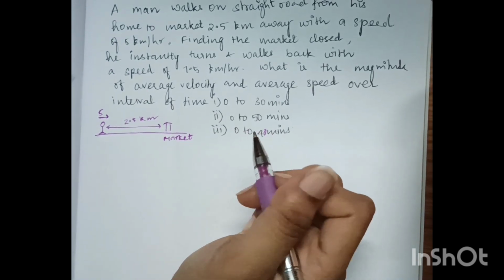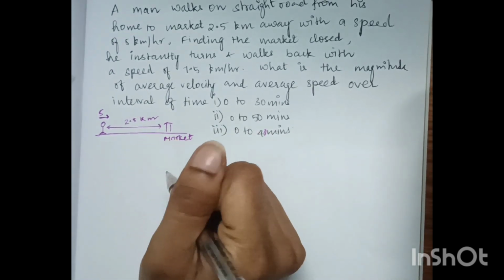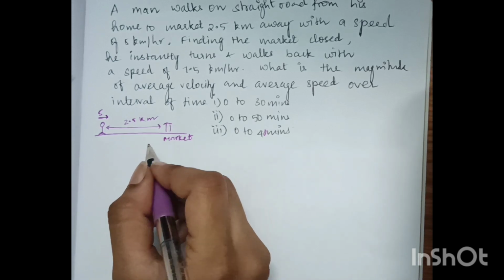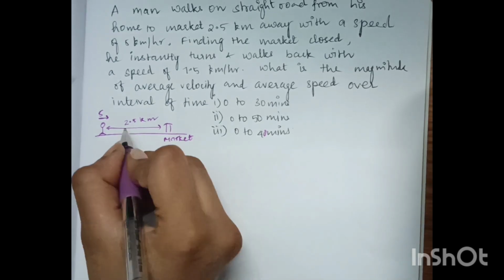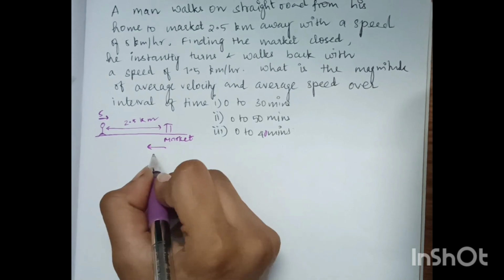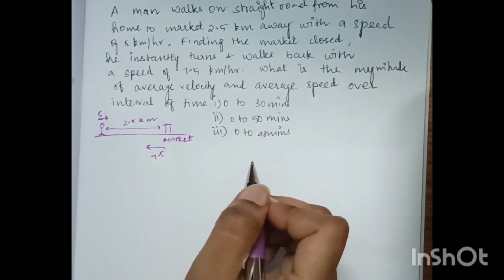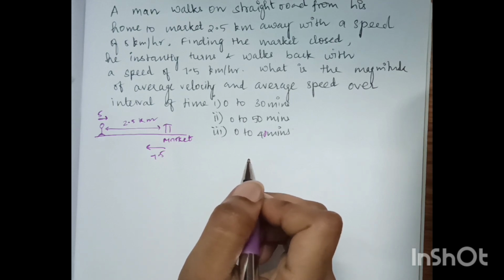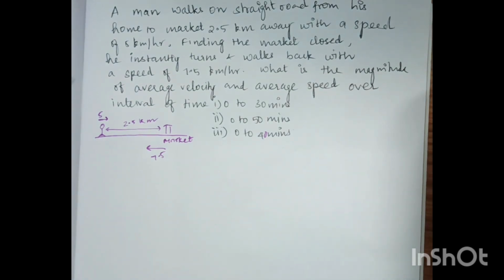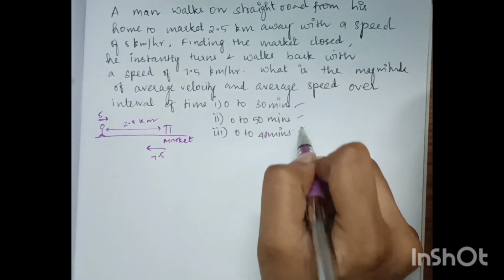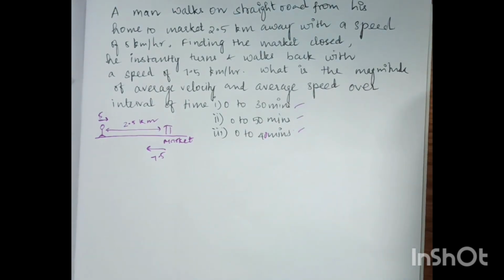Finding the market closed, he instantly turns and walks back with the speed of 7.5 km per hour. That is how he is coming, with 7.5 km per hour. What is the magnitude of average velocity and average speed? So we have to find average velocity and average speed for these time intervals we have been asked for. Okay, let us try to understand.